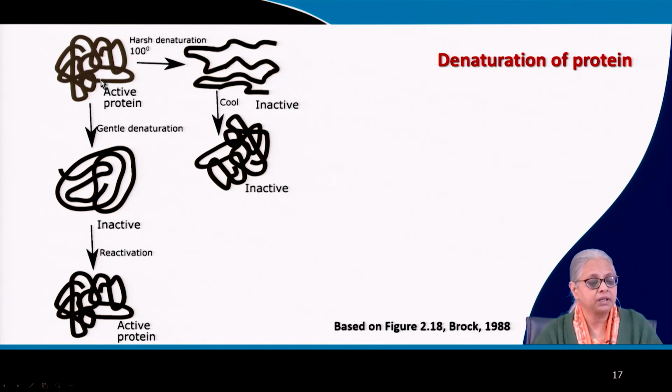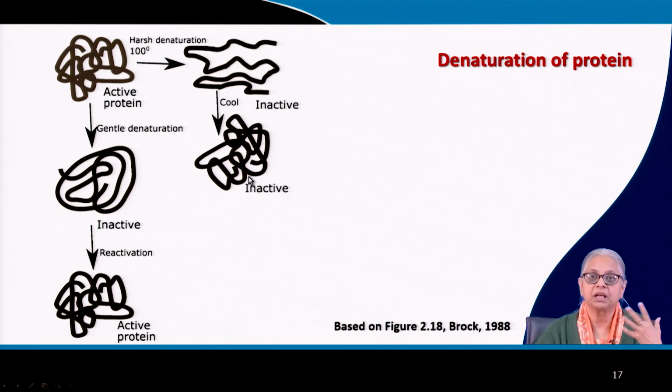Let me just show you an example. Let's say you have an active protein. It's folded in a particular form, and if you boil it, which is considered harsh denaturation, the primary structure will be retained, but when it cools down, it will not come back to this particular folded form, and because it cannot come back to its original folded form, it becomes biologically inactive.